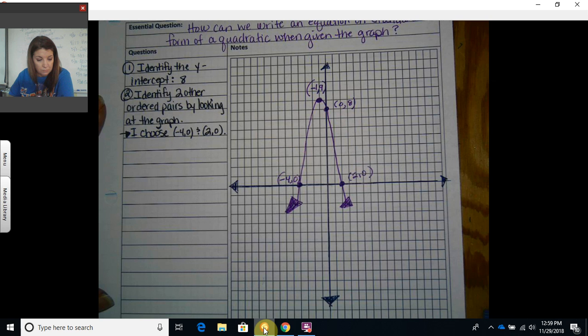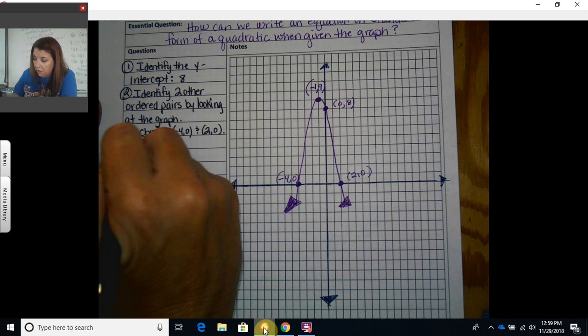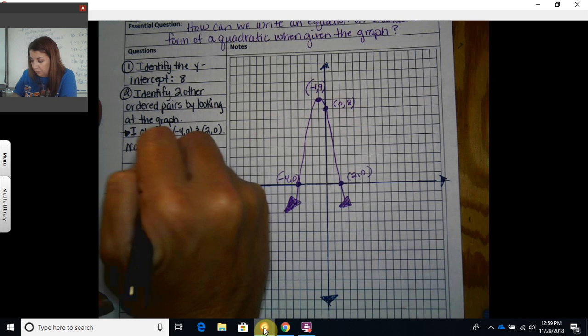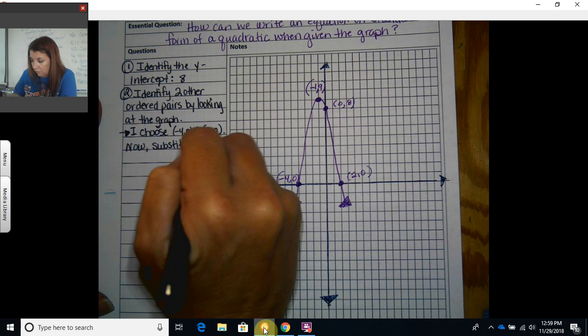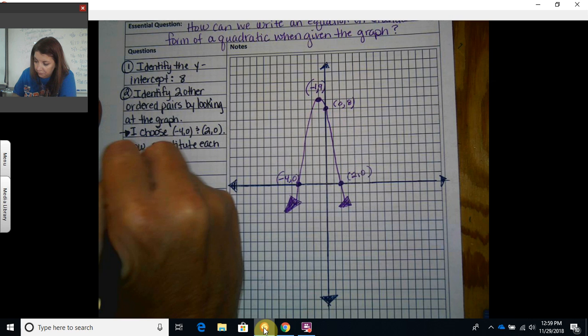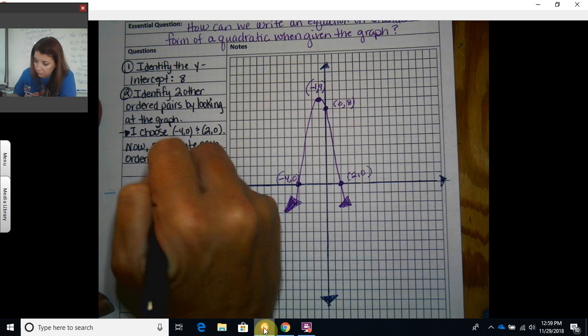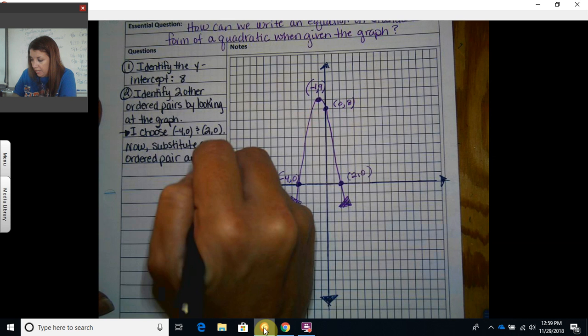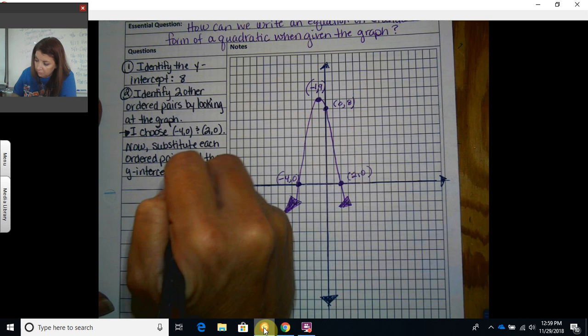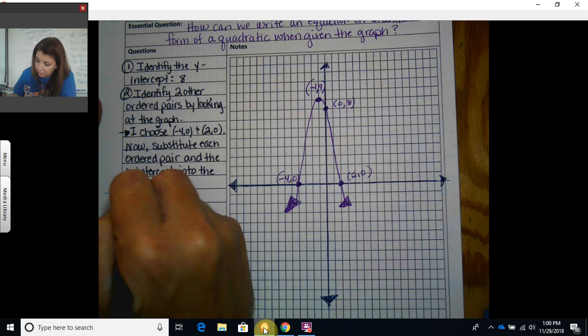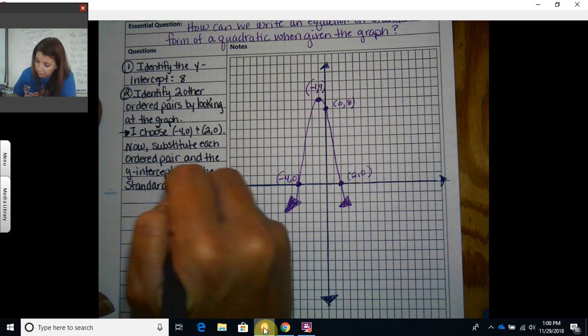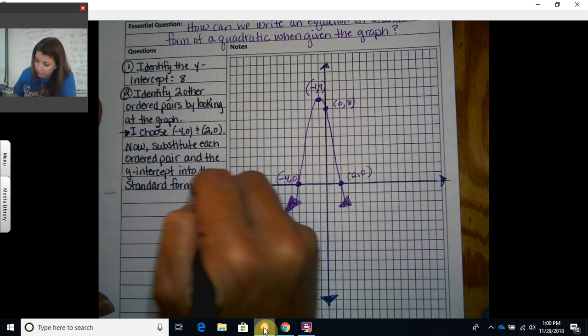All right, so now substitute each ordered pair and the y-intercept into the standard form of a quadratic equation.